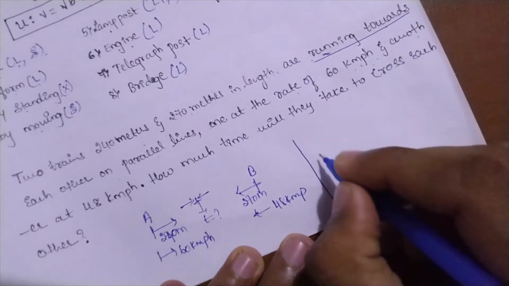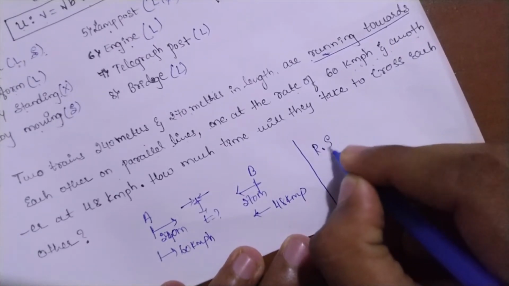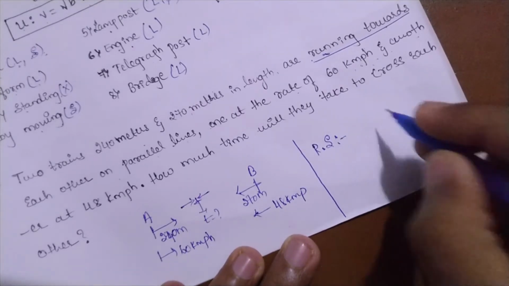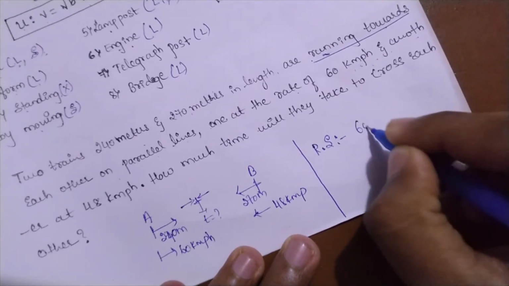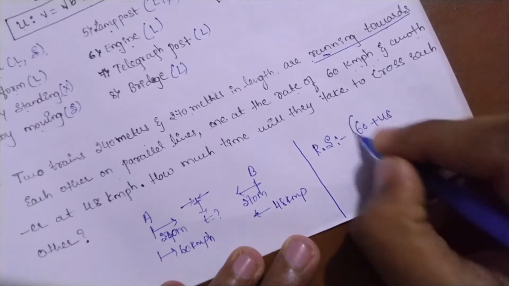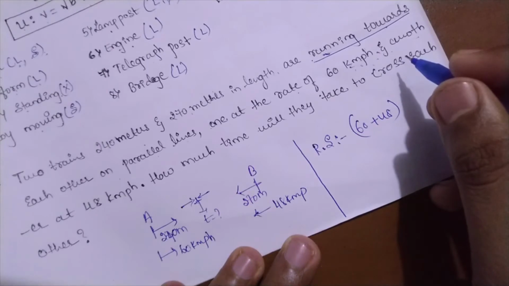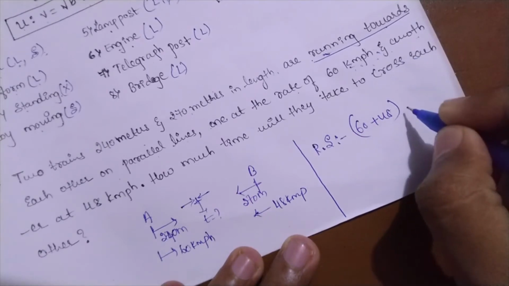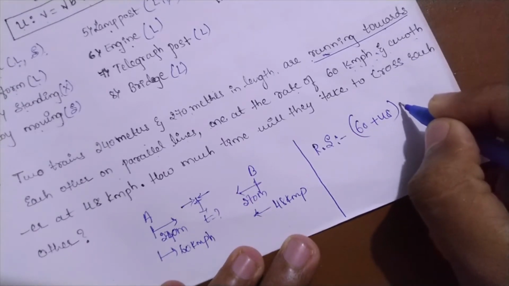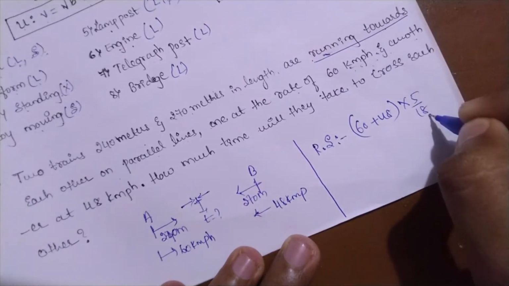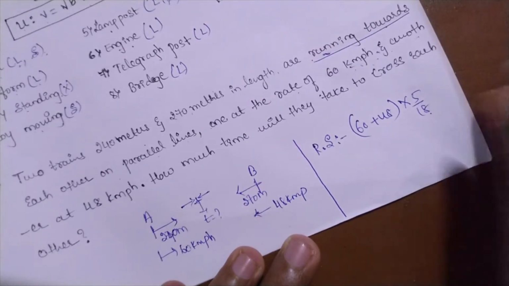The relative speed, RS, is given by the sum of both speeds, that is 60 plus 48, in kilometer per hour. From kilometer per hour to meter per second we need to convert, which is done by multiplying by 5 by 18. We all know how 5 by 18 came.